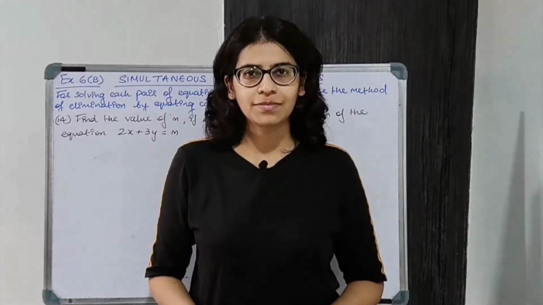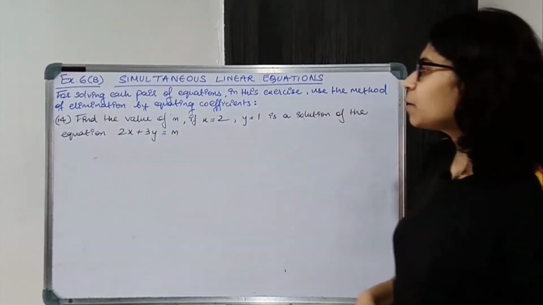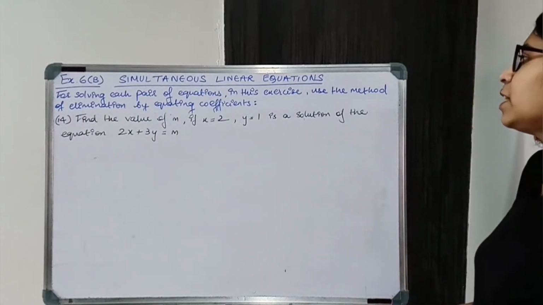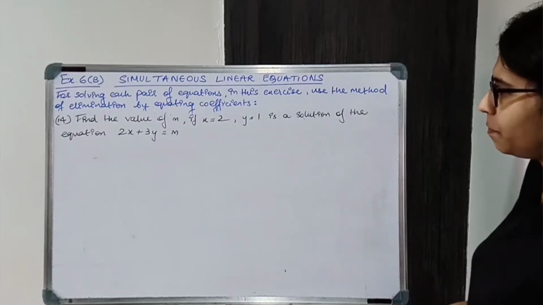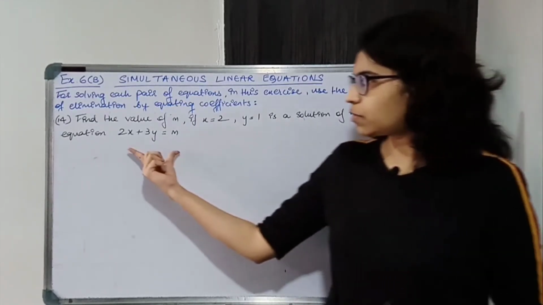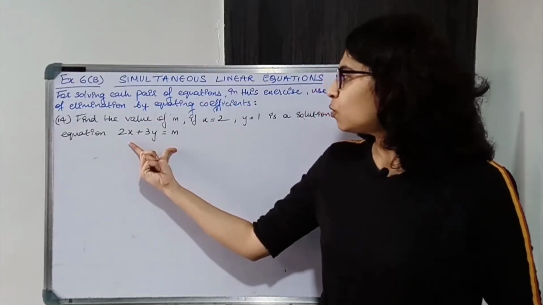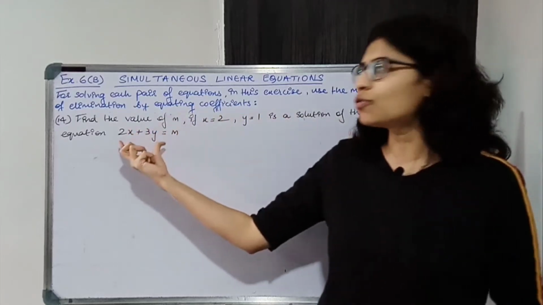Alright. Coming to question number 14. Find the value of m if x equals to 2 and y equals to 1 is a solution of the equation 2x plus 3y equal to m. Now there is an equation, okay, and we are told x का value and y का value is a solution of this equation.